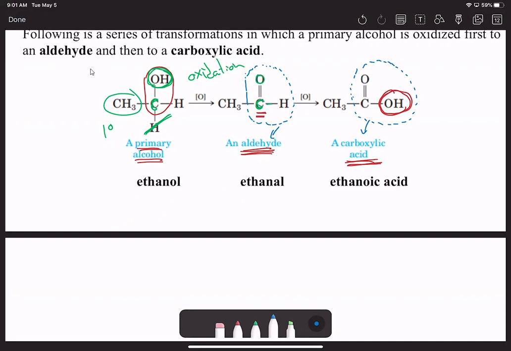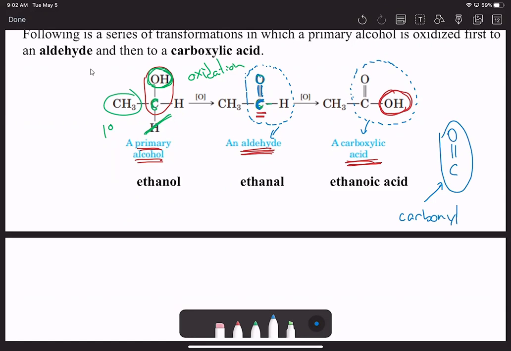Now, this here is just a quick note, because in the lecture, this carbon that's double bonded to this oxygen, this is not a functional group. This is just a name that I'm going to be using. I'm going to be calling this a carbonyl. I'm not going to call it C double bond O, or carbon double bond oxygen.